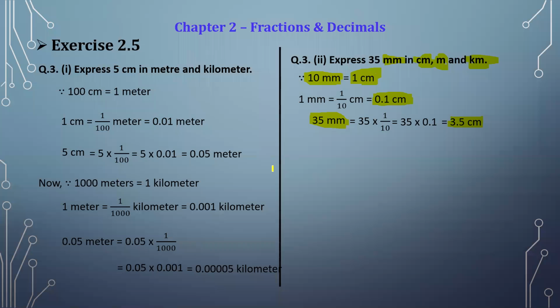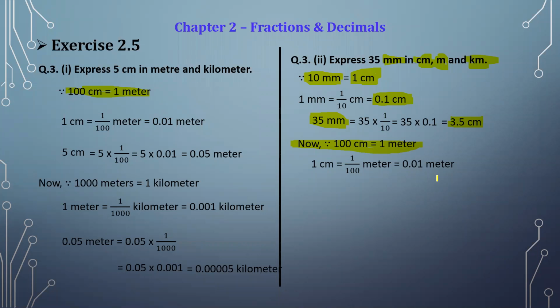So again the same type of conversion is there, which we considered in the first case. 100 centimeter is equal to 1 meter. Then from this we can calculate the value of 1 centimeter, which is 1 upon 100. That will be the value of 1 centimeter.